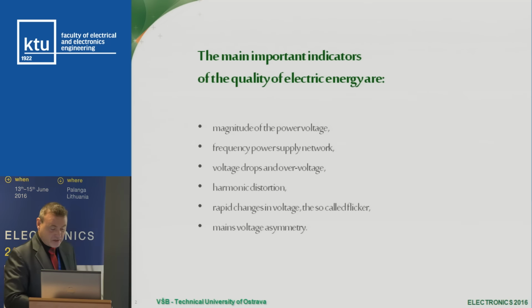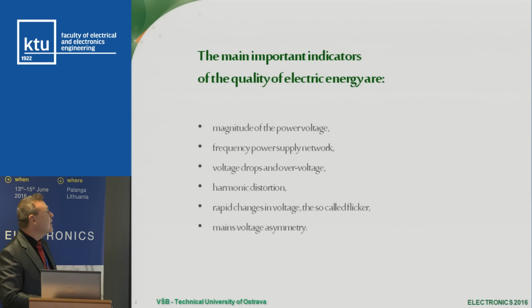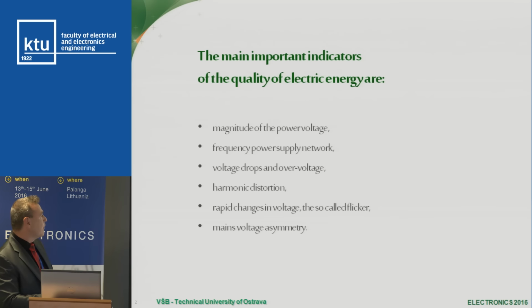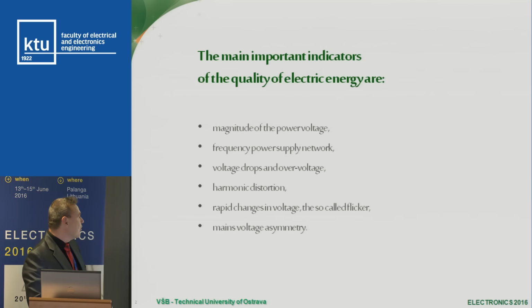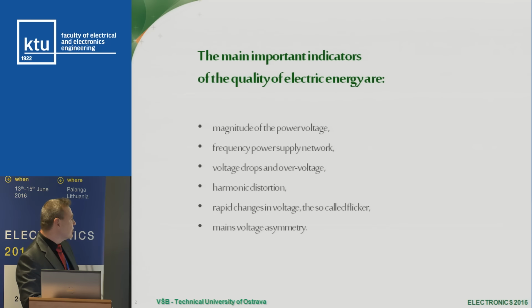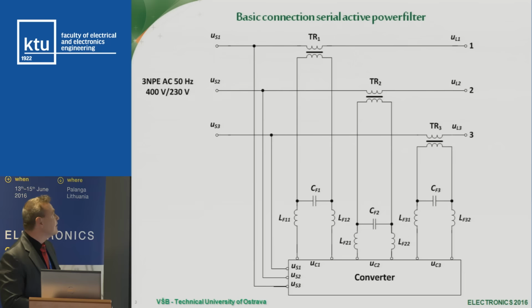This picture shows the main indicators of quality of electric energy: amplitude of supply voltage, frequency of the power supply network, voltage drops and overvoltage, harmonic distortion and flicker, and voltage asymmetry.